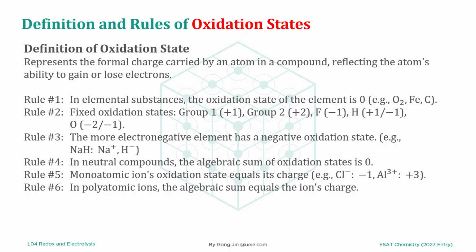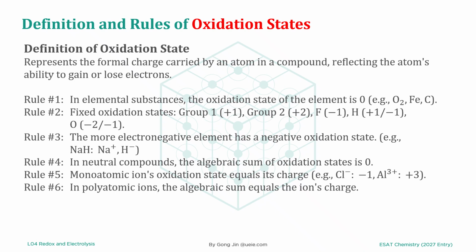To work with redox reactions, we need a useful tool, oxidation states. You can think of an oxidation state as the hypothetical charge an atom would carry if the compound split apart completely. It acts like a label showing how many electrons the atom has gained or lost.